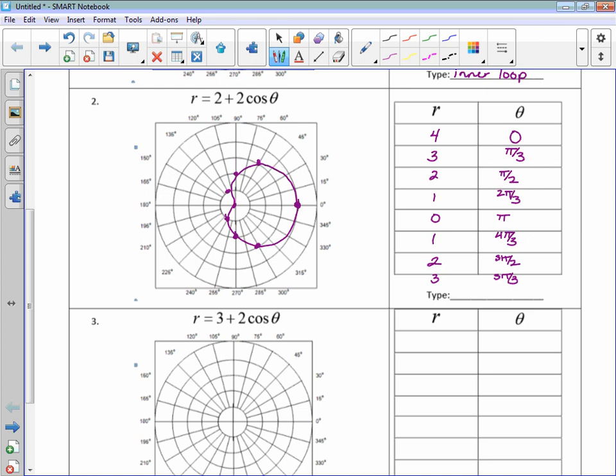At zero, it's a little bit roundy. I'm not going to be super picky on how you draw it, but don't draw a cardioid like that, okay? This is called a cardioid. Yeah, it kind of looks like a heart. So far, inner loop and cardioid, those names kind of make sense, right?